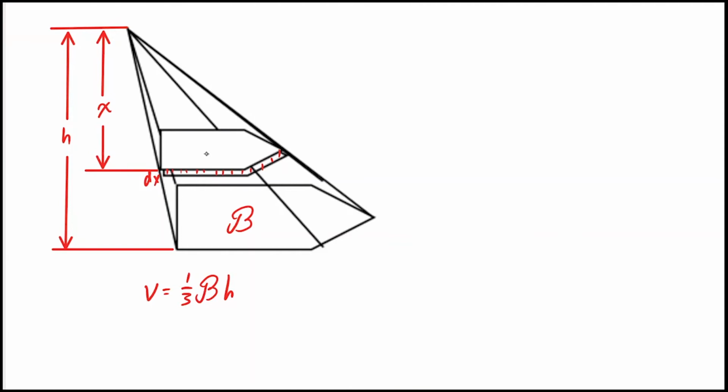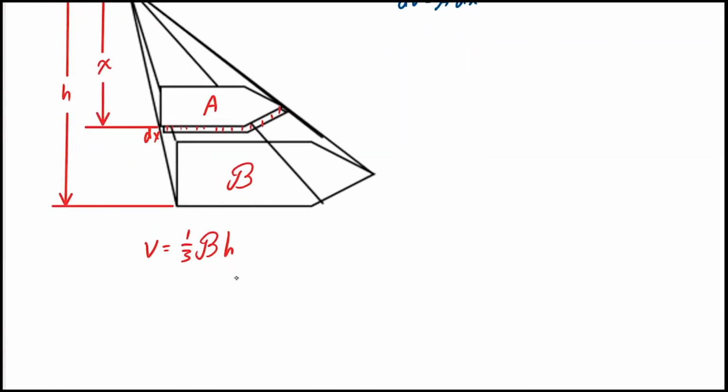I'm going to call this area of the pentagon, or whatever the shape we are looking at, still A. So my dV at the moment is A times dx. It's a little slat with a thickness dx and an area A. So the only thing I have to do is figure out what A is.